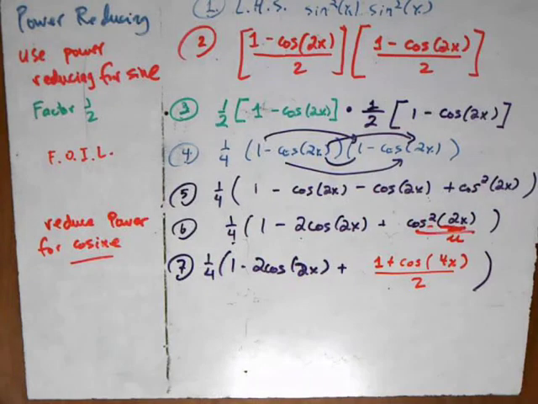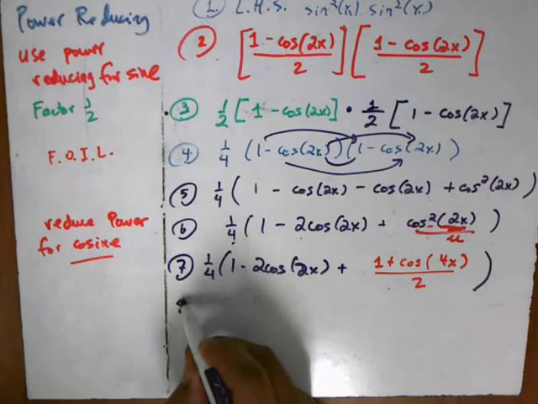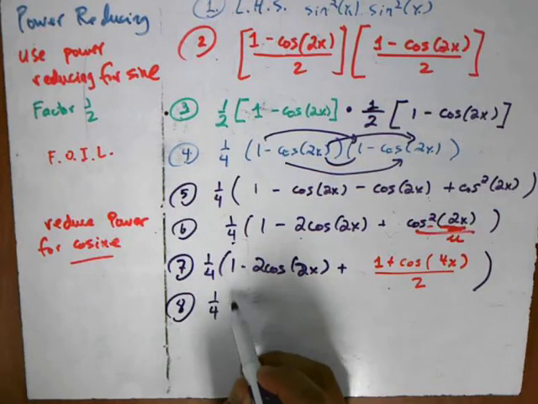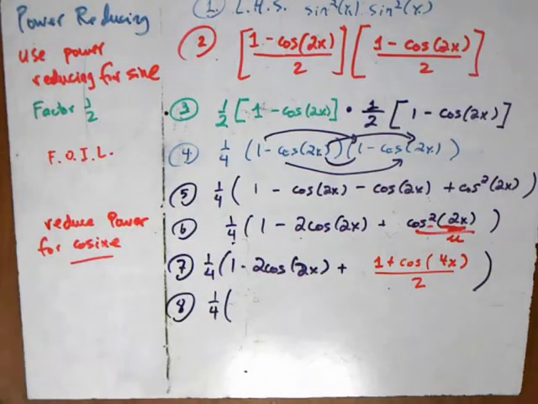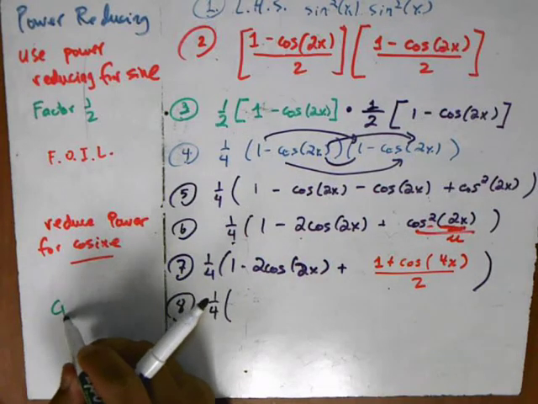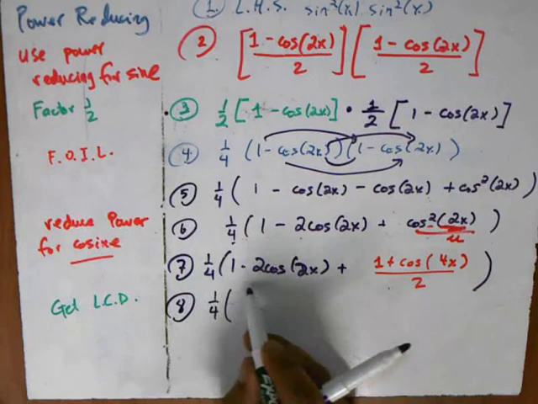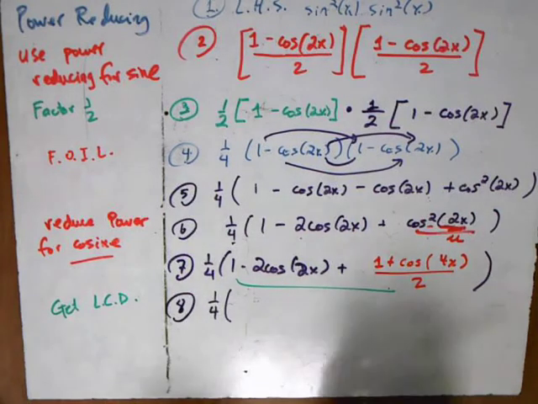You can see here that we are getting very close to finishing. Now it's just a matter of cleaning things up and making everything the same. So now I'm going to get the lowest common denominator for everything inside of here, and the lowest common denominator is 2.